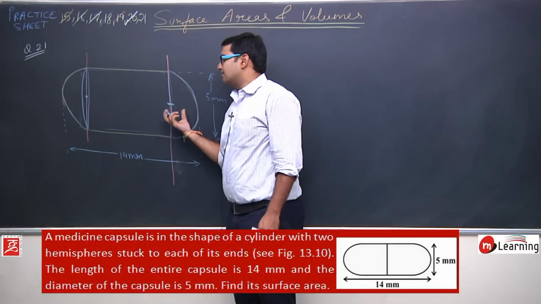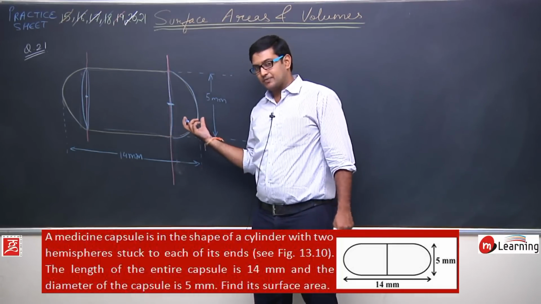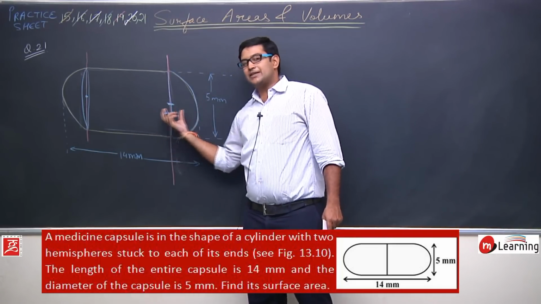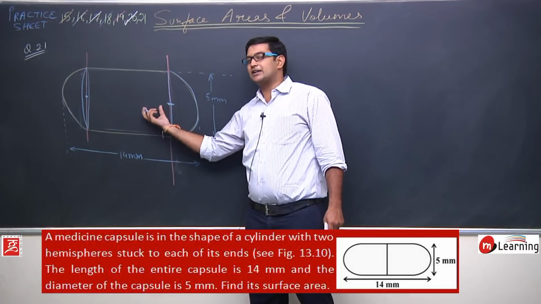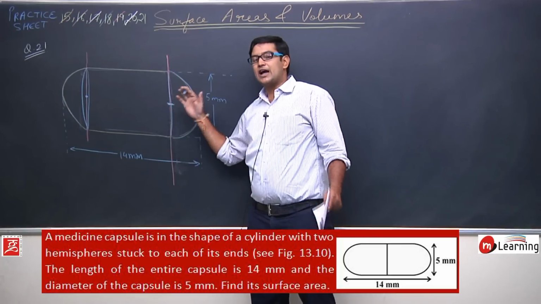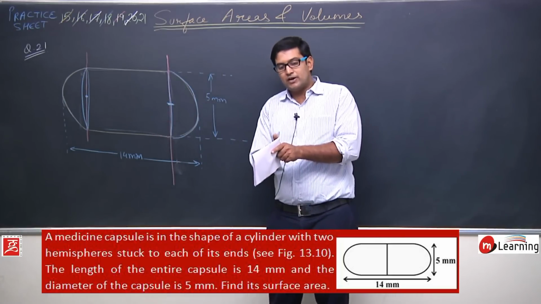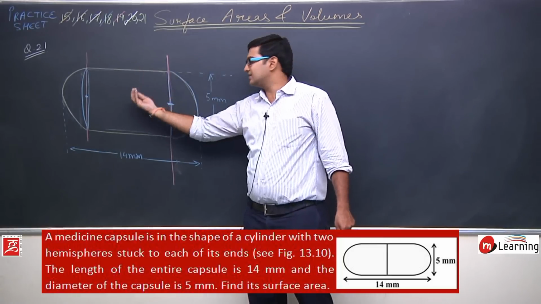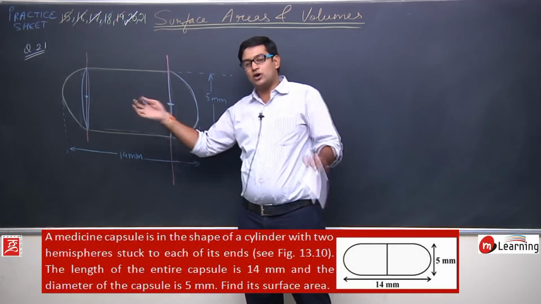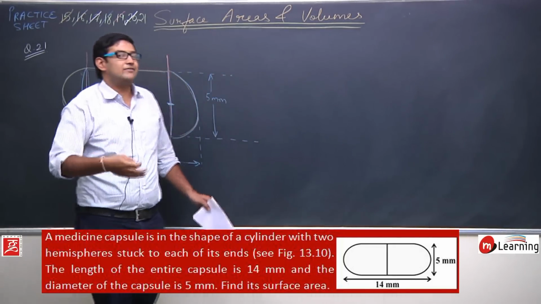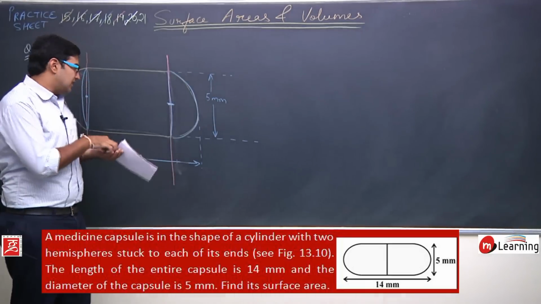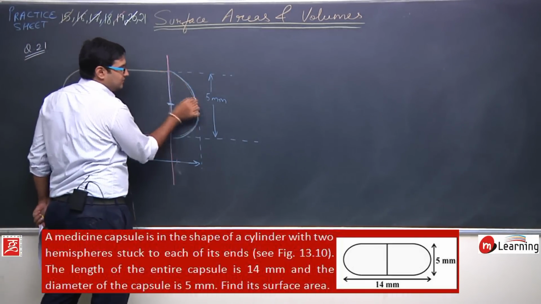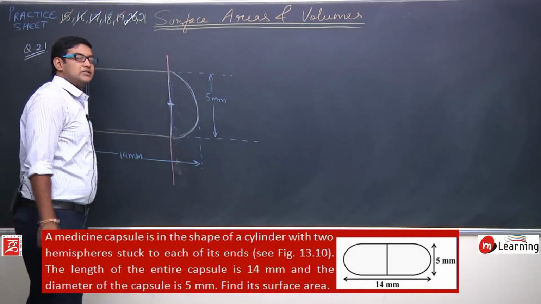Then coming to this other hemisphere, the base of this hemisphere and the second end of this cylinder are also stuck to each other. So the base of this hemisphere has gone inside and this base of the cylinder is also gone inside. So at the atmosphere, I can only see the curved surface area of this cylinder and the curved surface area of this hemisphere.